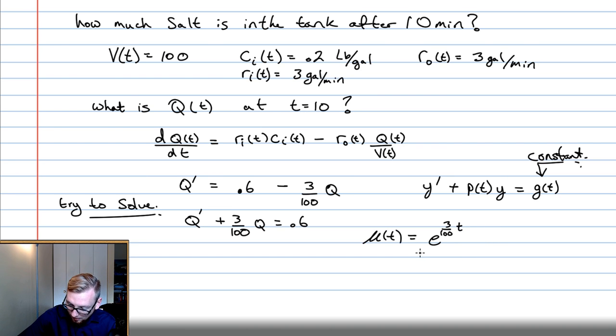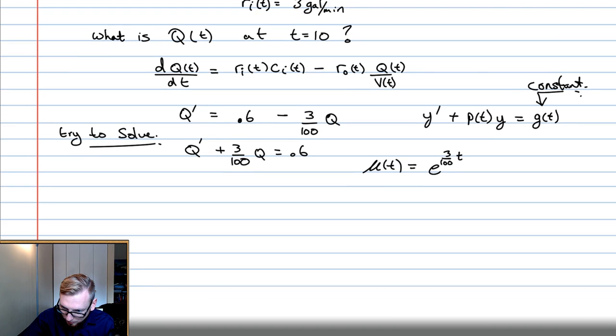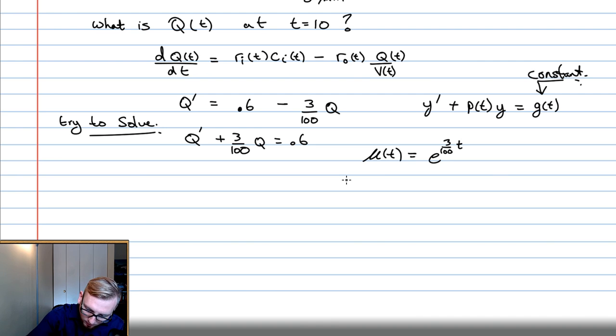Okay. Then, bring it down, bring it down. Then we're going to multiply both sides by the mu of t. So we've got e to the 3 over 100 t q prime plus 3 over 100 e to the 3 over 100 t q equals 0.6 e to the 3 over 100 t.